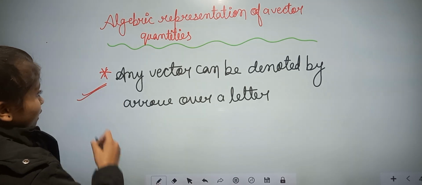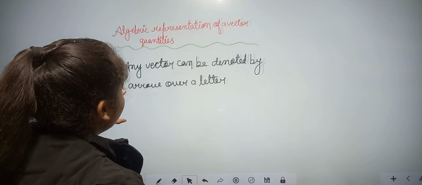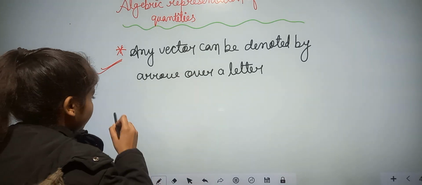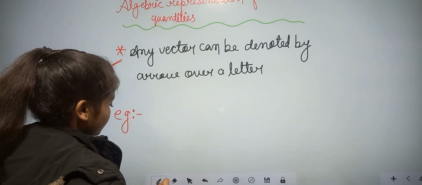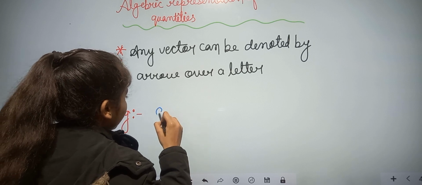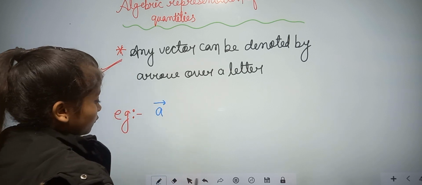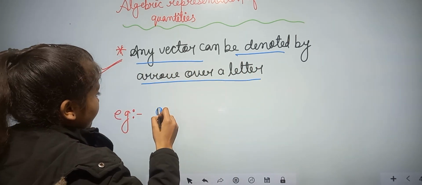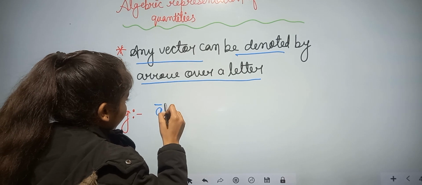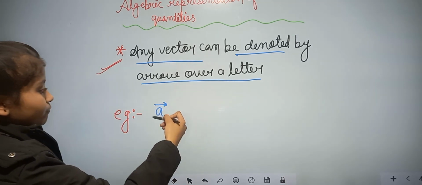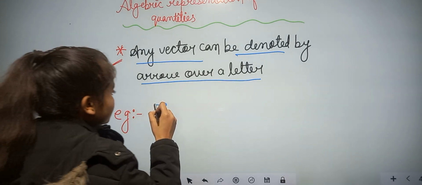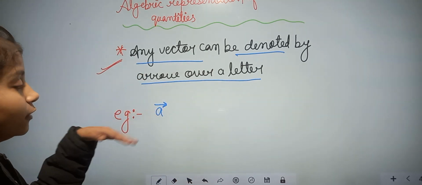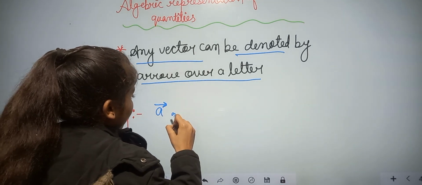So here our first point is any vector can be denoted by an arrow over a letter. For example, we can write A. A is a letter, okay, and the arrow over it means that on the upper side of the letter we have to draw an arrow like this.